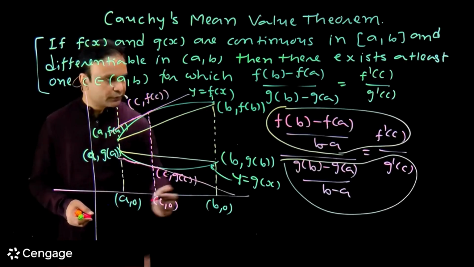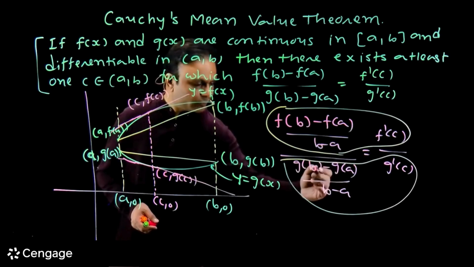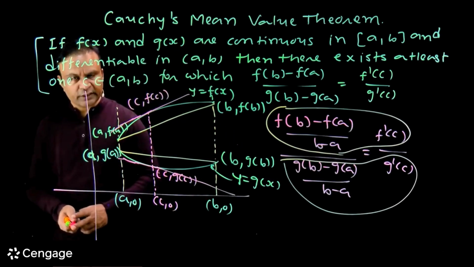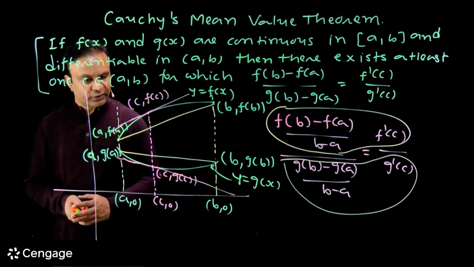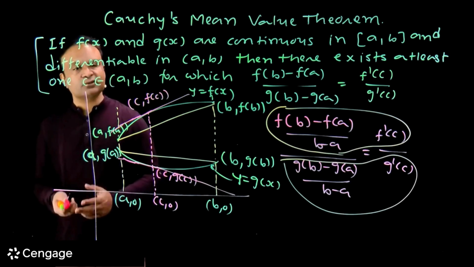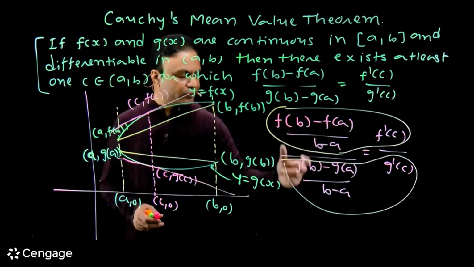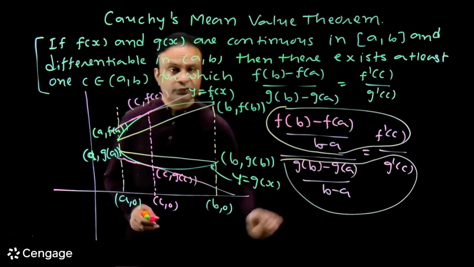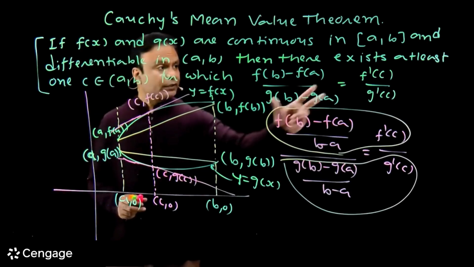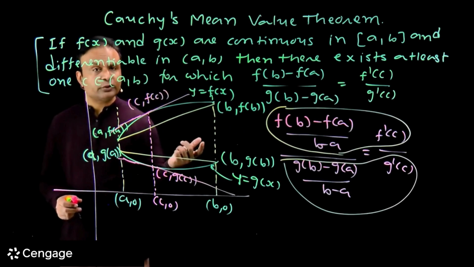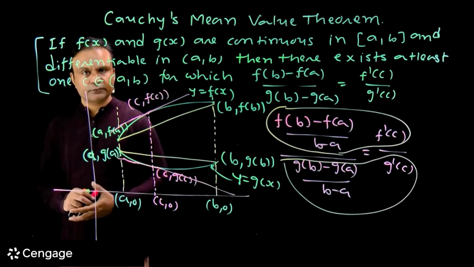That means g dash c is actually not equal to (g(b) minus g(a)) upon (b minus a). It may happen sometimes, but in general this is not true. The value of c for which f dash c is equal to this may not give g dash c equal to this. That means this is not actually a ratio of mean value theorem for two functions.